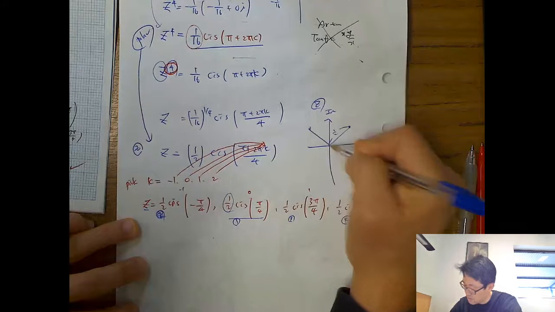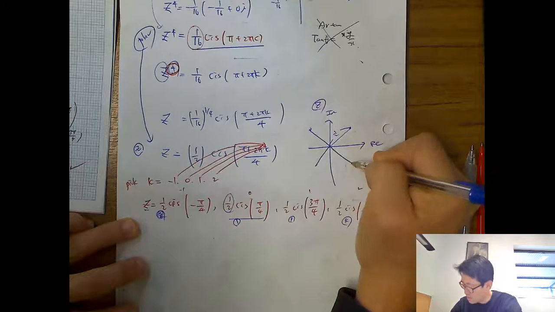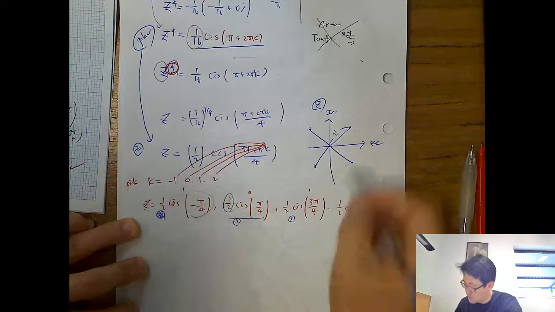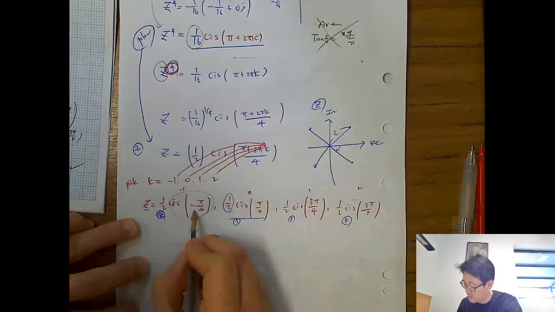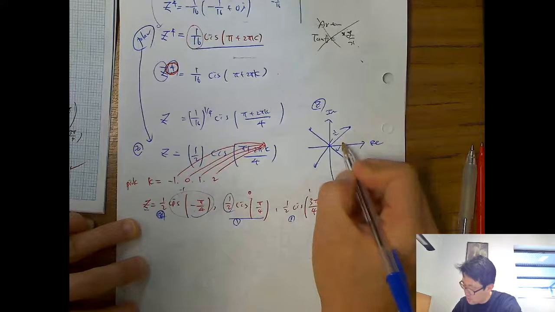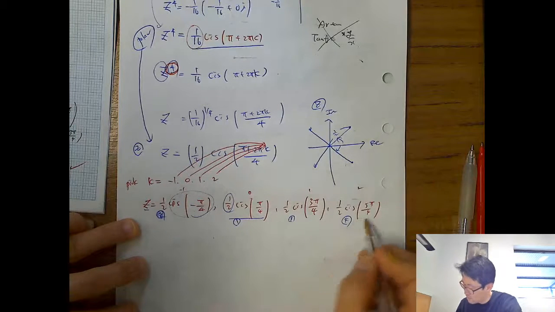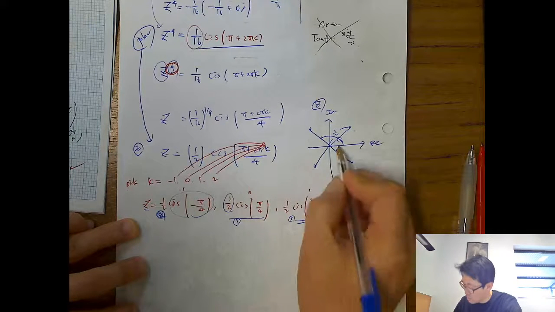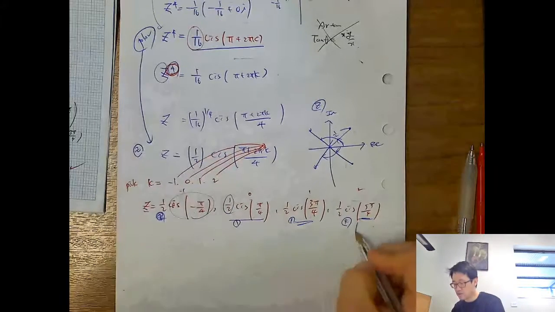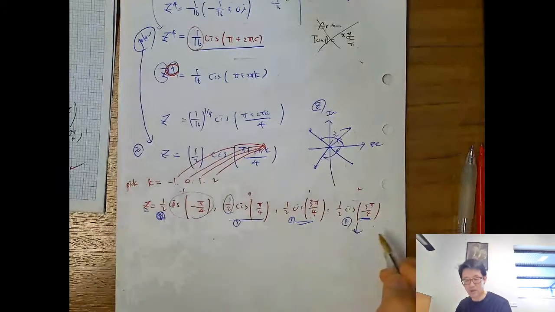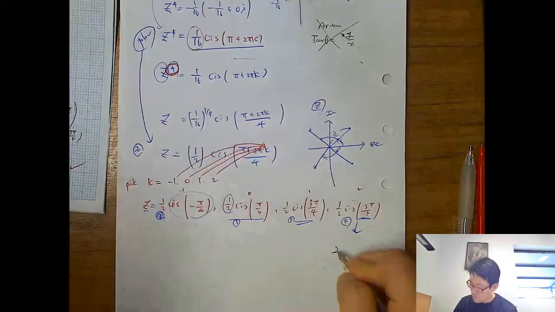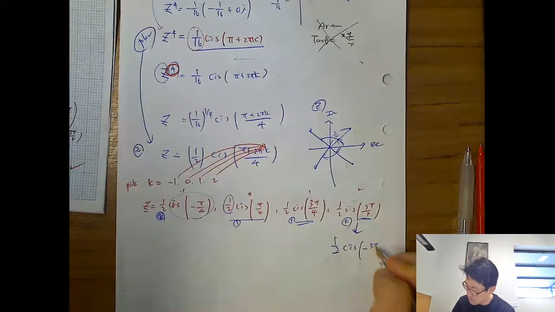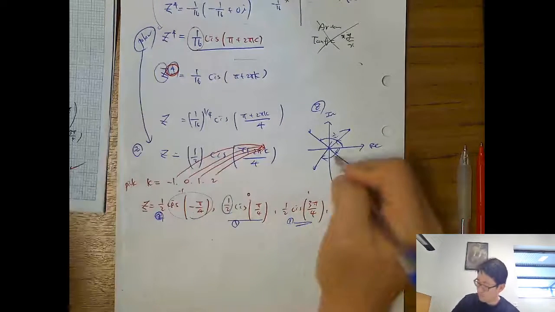That's going to be that way, isn't it? This one is moving that way, the negative way, 45. This moves that much. That one can be written the other way, isn't it? Should be written as a negative. So cis, how much do they move? Minus 3 pi over 4.